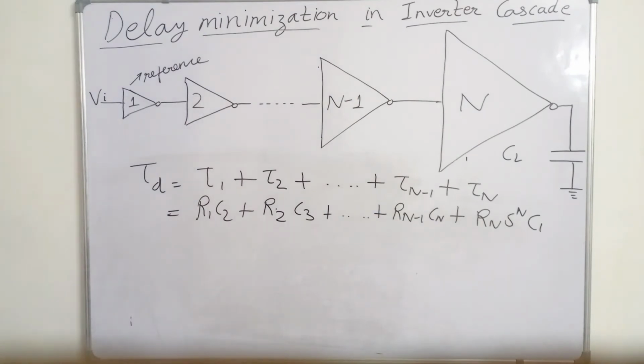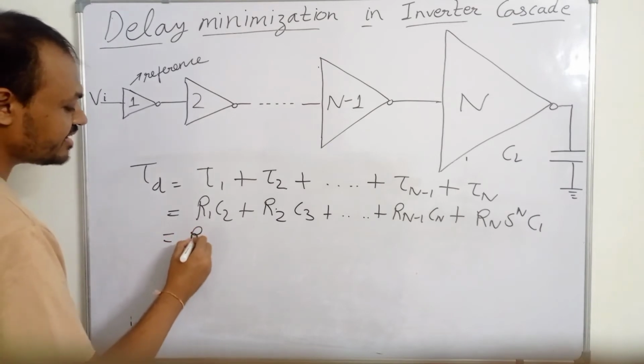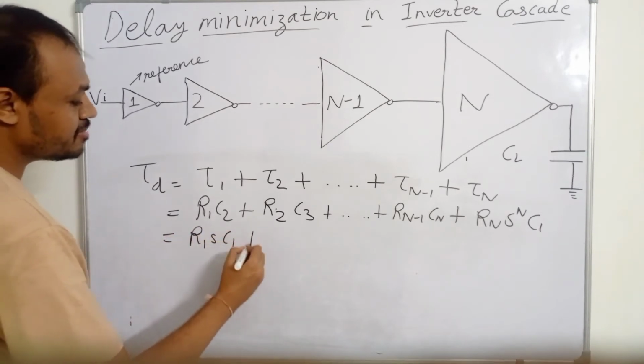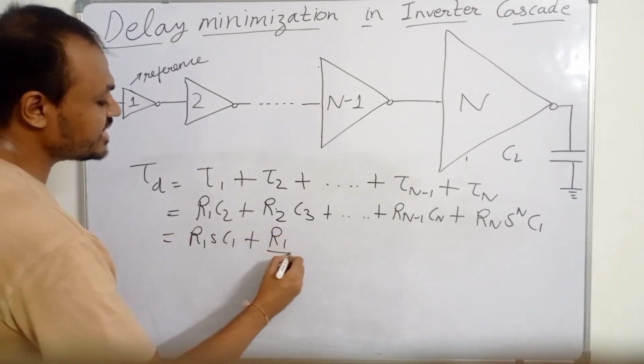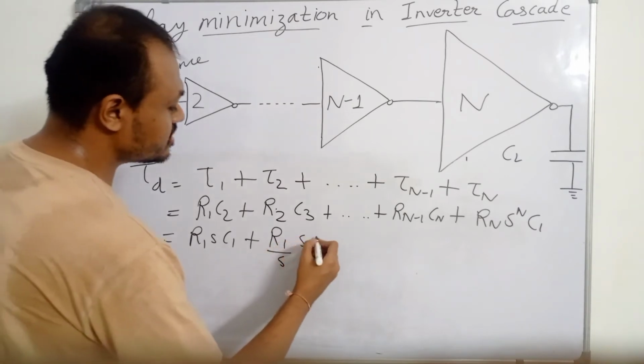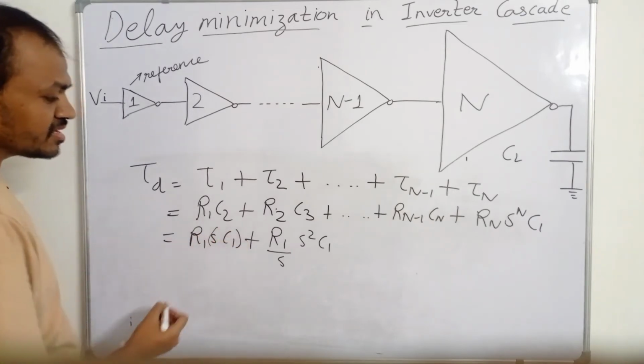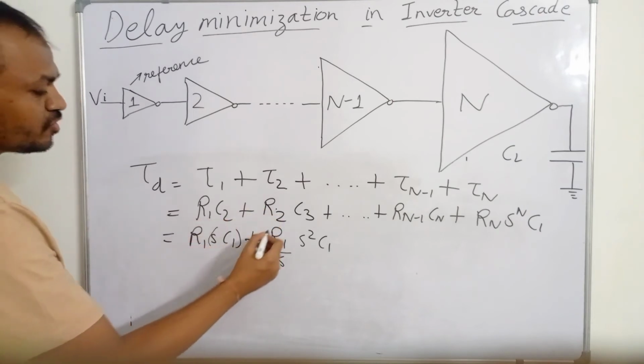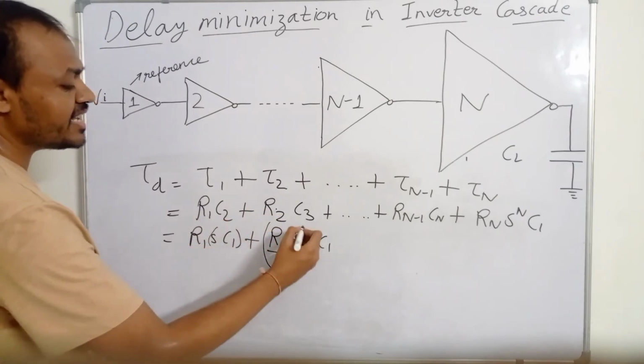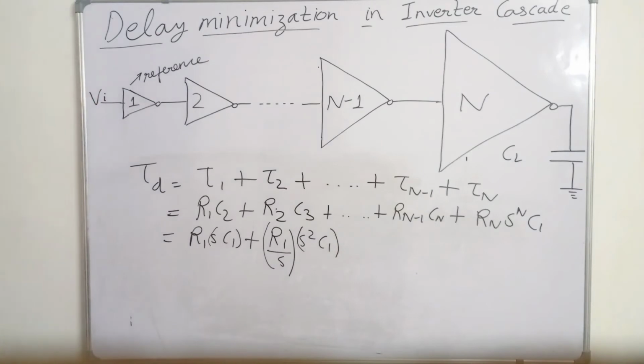Now we can write this as R1 into s of C1 plus R1 upon s into s square of C1, and so on, because C2 is equal to s of C1, R1 will be R1 only, R2 is equal to R1 upon s, C3 is equal to s square of C1.